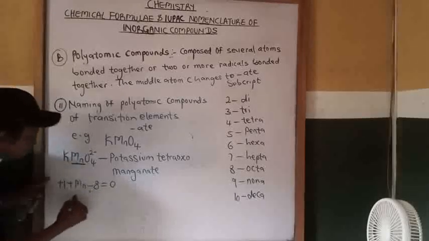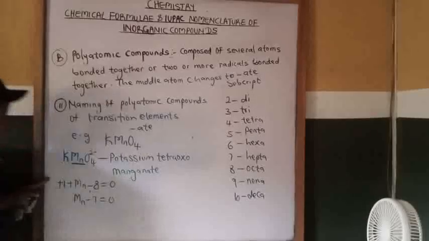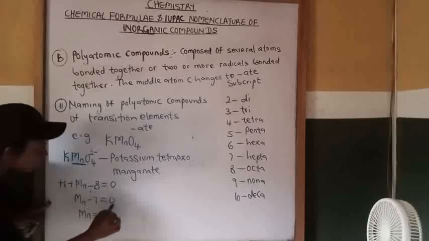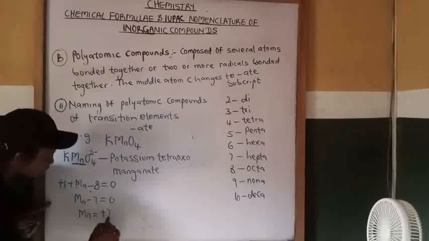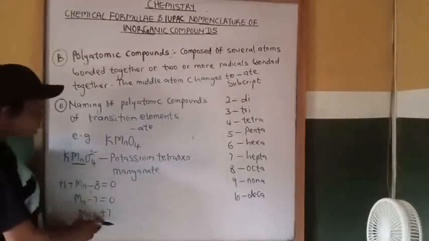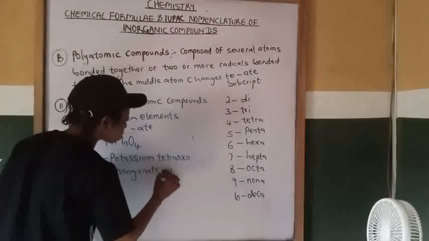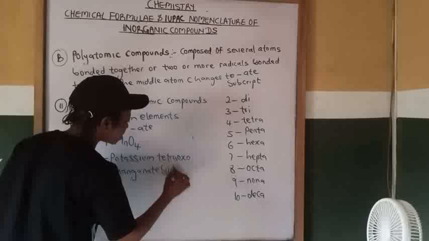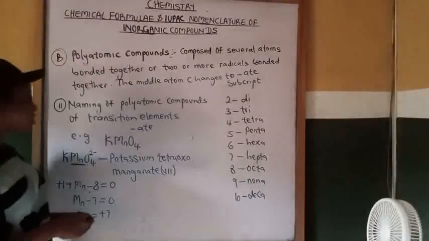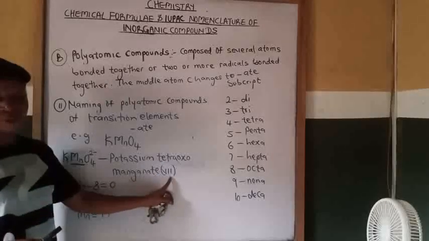Plus 1 minus 8 will give us -7 equal to 0. Therefore, Mn equals +7. So the oxidation number of manganese in this compound is 7. So we call it manganate 7. The name of this compound is potassium tetraoxo manganate 7.